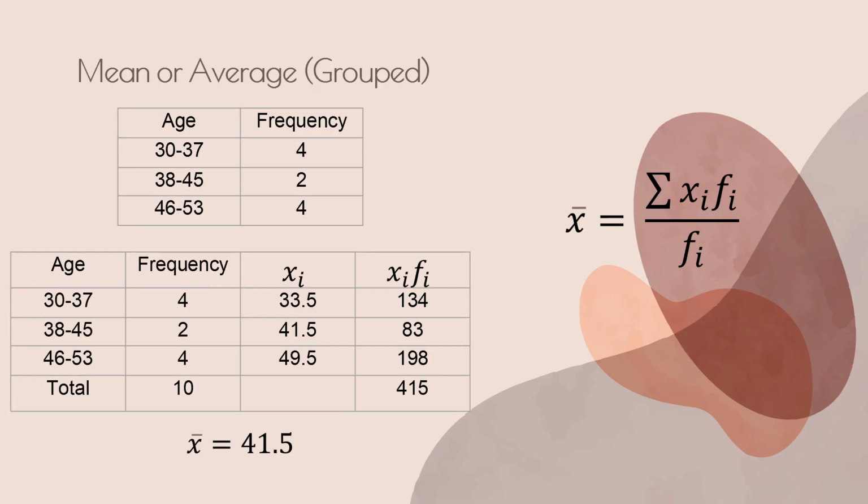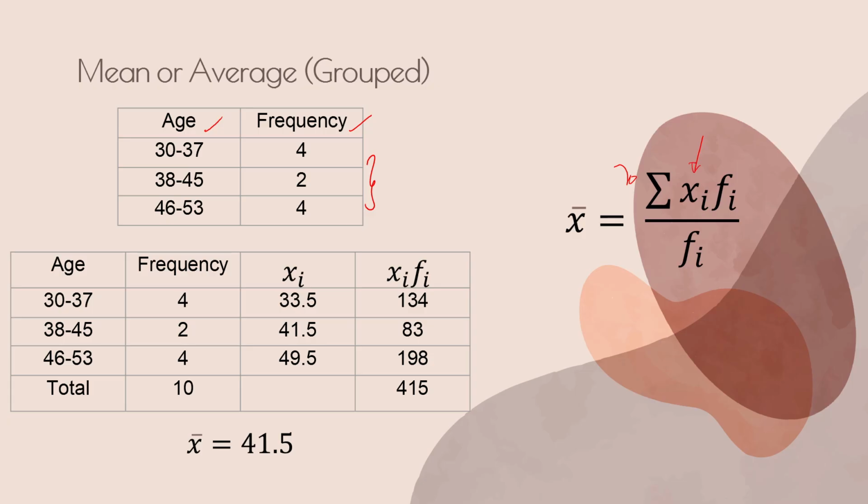So this is the same example earlier, what we used for the computation of our class width, and you can see that you have age and then frequency. To compute our mean or average for grouped data, you get the summation of x sub i times f sub i, or basically the average of our group multiplied by the frequency, and then divided by the total frequency.